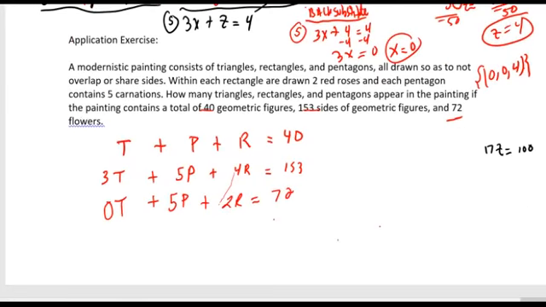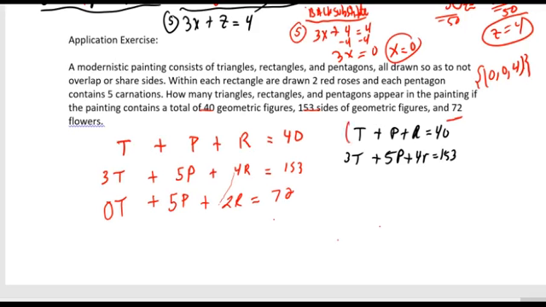So what we have here is 3 equations. So we can eliminate the variables. I'm going to use the first equation, t plus p plus r equals 40. And the second equation, 3t plus 5p plus 4r is equal to 153.